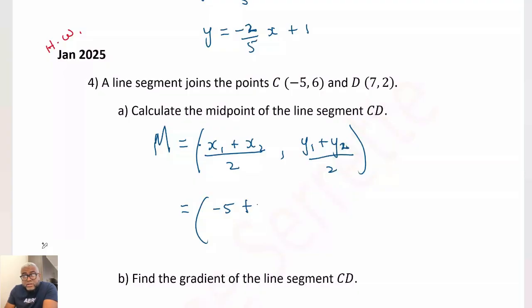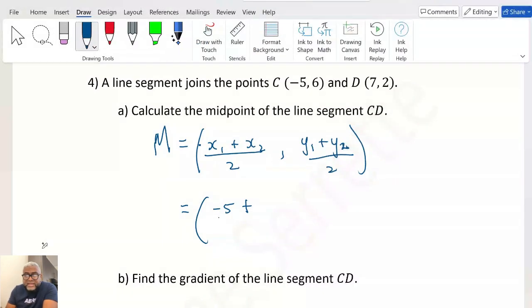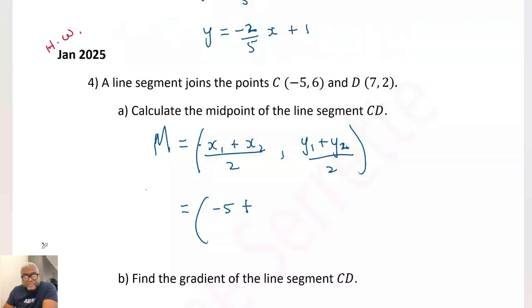You sure? When you have a coordinate, you have 2 x values for that coordinate. Go ahead, Kul, I see your hand come up. What are x1 and x2? What is x2, Kul? X2 is 7. Excellent. X1 is negative 5.